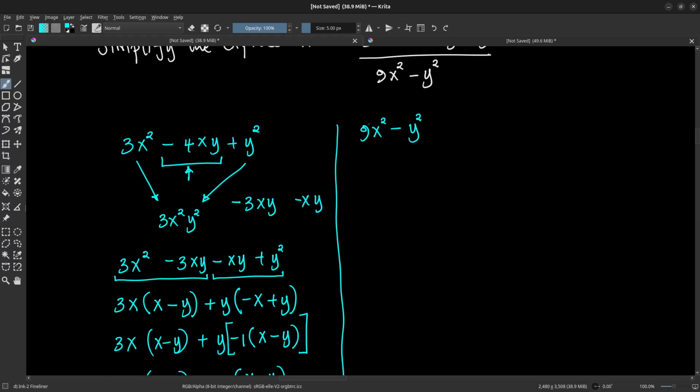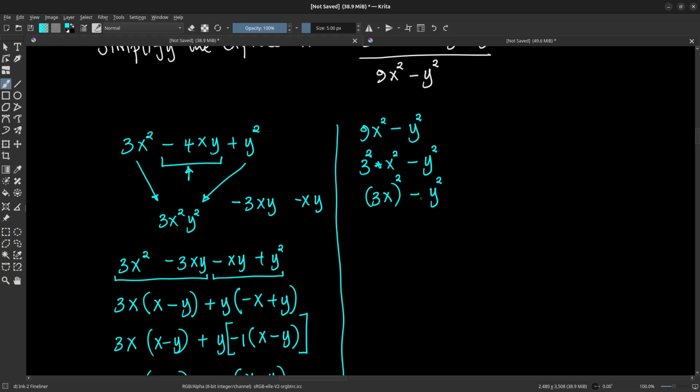Now 9 can be rewritten as 3², and then we still have times x² − y². Then 3² times x² is the same as 3 times x, which is 3x, raised to the power of 2, and then minus y². And then this is a difference of two squares.